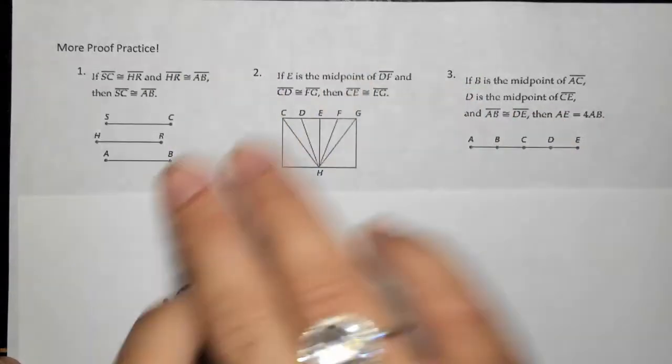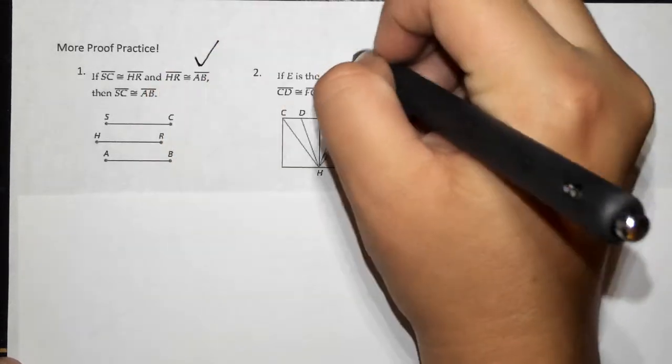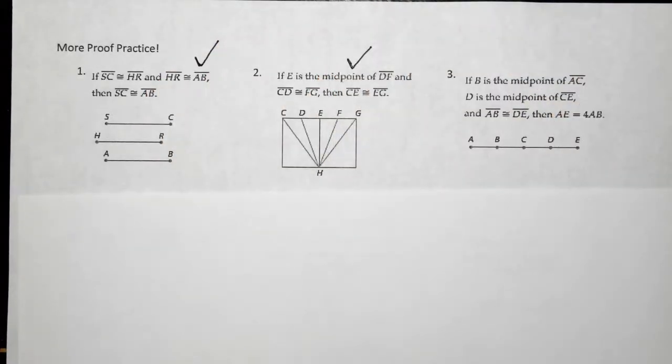We are only going to do numbers 1 and 2, and then I'm going to let you work on your homework. So I want you to start off with number 1 and see if you can figure it out.